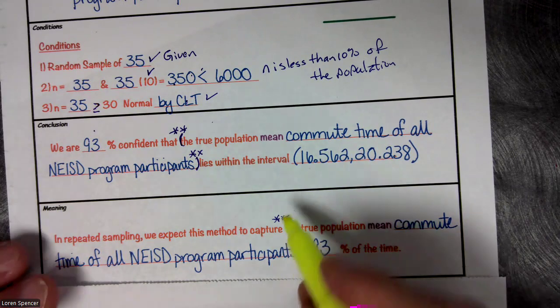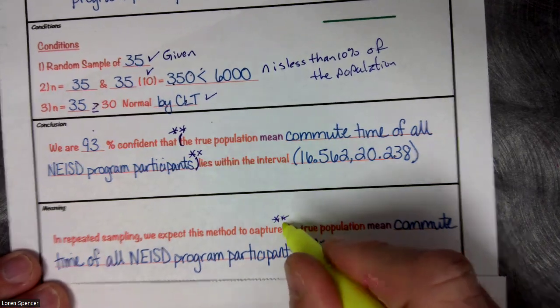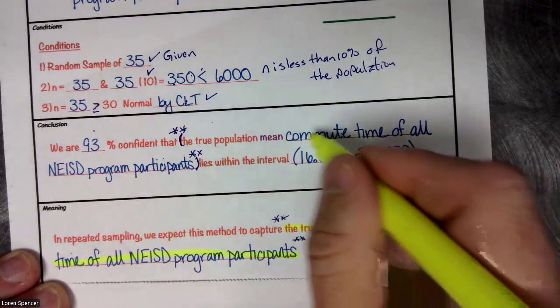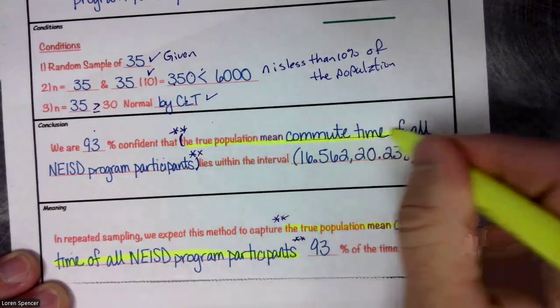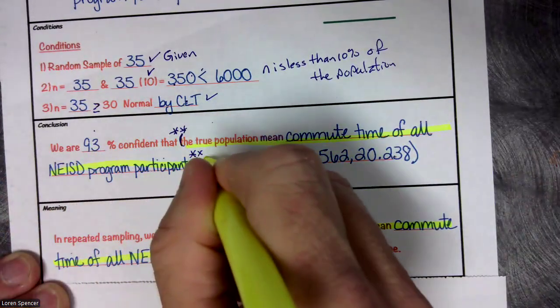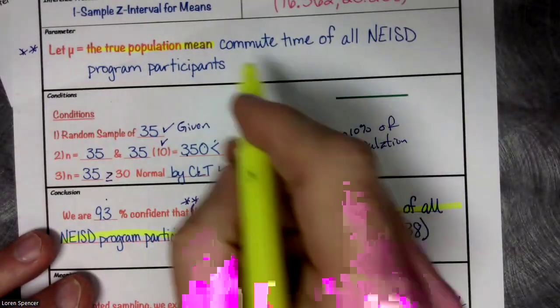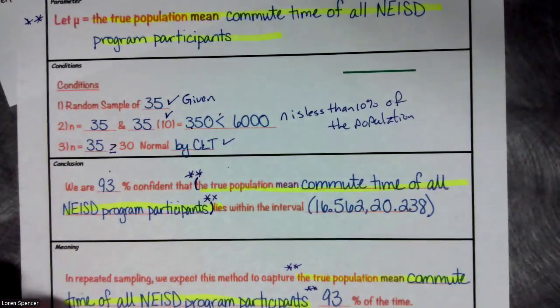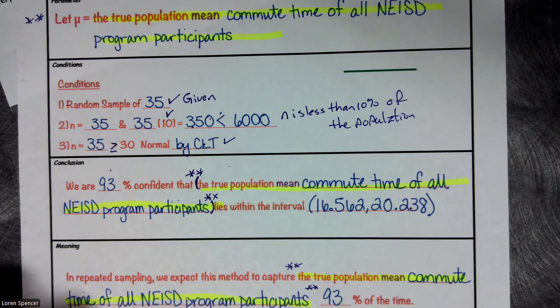So basically, this part right here, we're writing 3 different times. So it's super important you do a really good job defining your parameter because you're going to need it 3 different times.